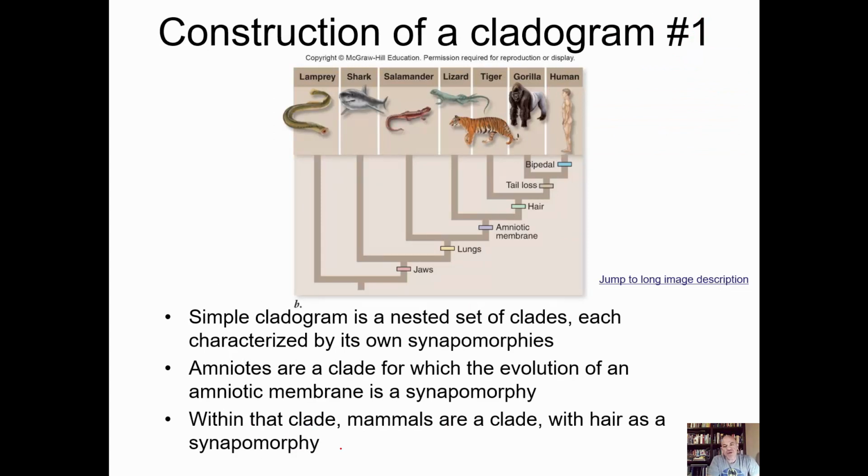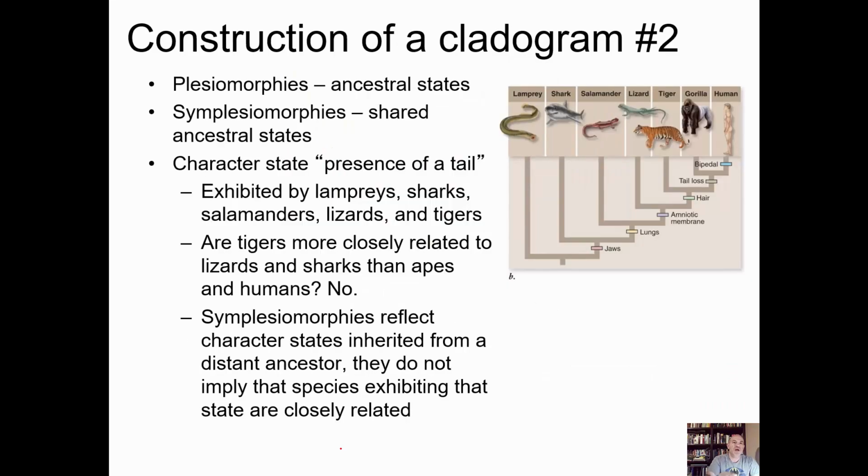Again, we're going to be looking at many groups of organisms, and we want to be thinking, what are their relationships to other organisms? And in that sense, we're going to be referring to clades, these evolutionary units that share that common ancestry. Okay, so when you're constructing these cladograms, some careful consideration has to be given to these characters that you're studying.